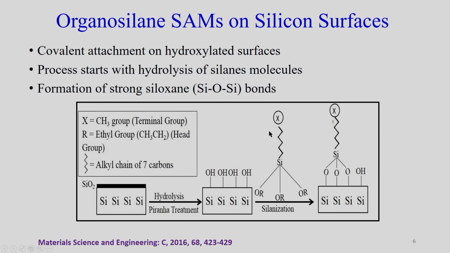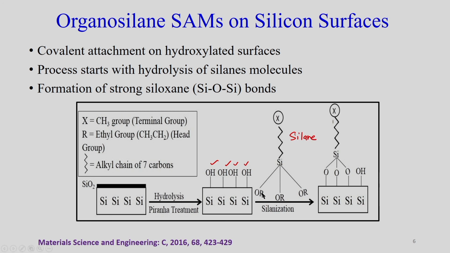So, here again we will discuss, let us say this is the organosilane, that is what I discussed, it is another representation. You have an oxide surface here. If you hydrolyze this, oxide is now converted to OH. Now, this is your surface modifying agent, or you can say a silane agent.